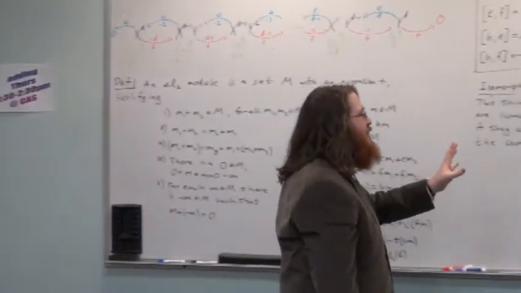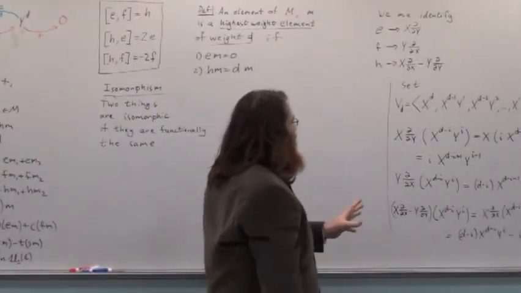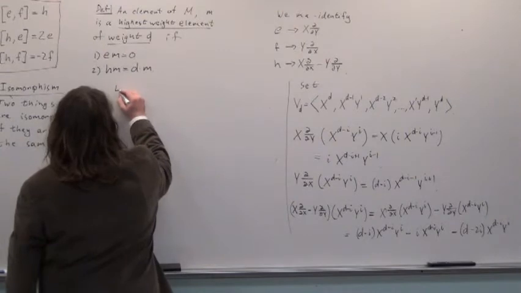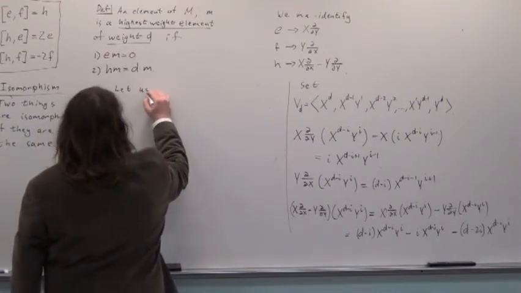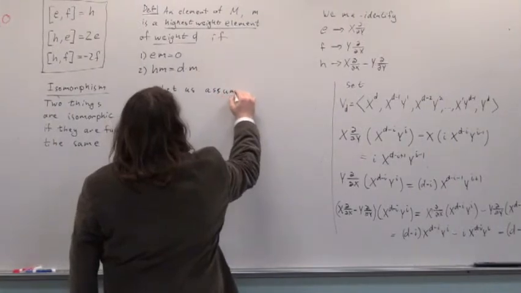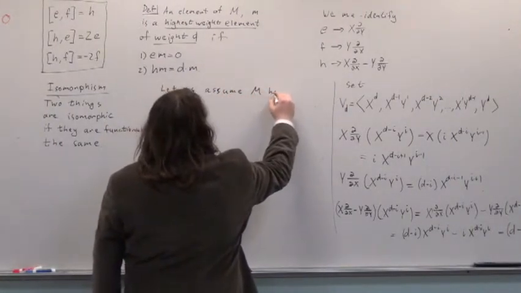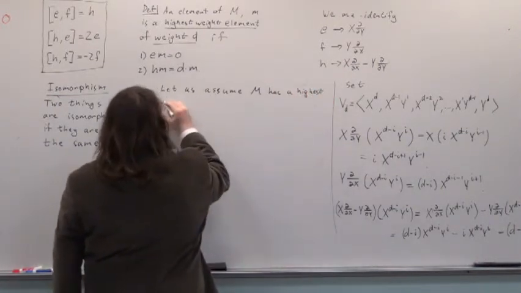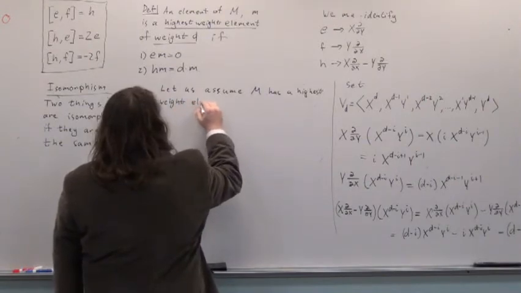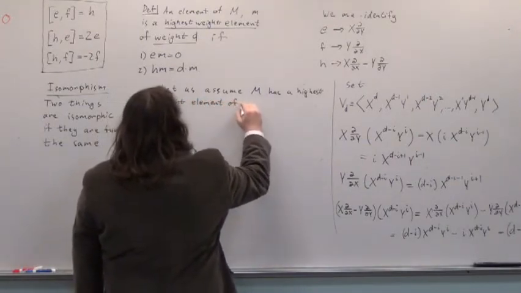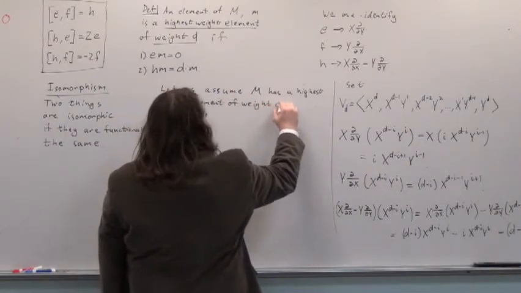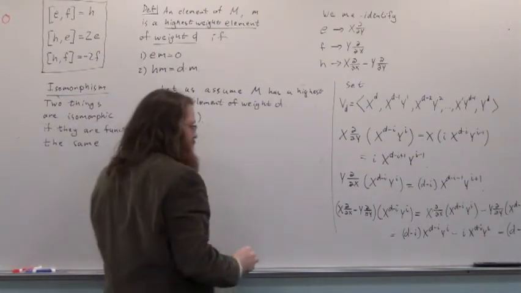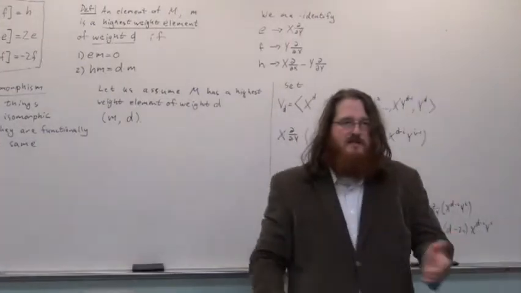So let's assume we have a highest weight element of weight D. So let us assume that M has a highest weight element of weight D. So usually we denote this as a pair, M and D. So the element itself and its weight.